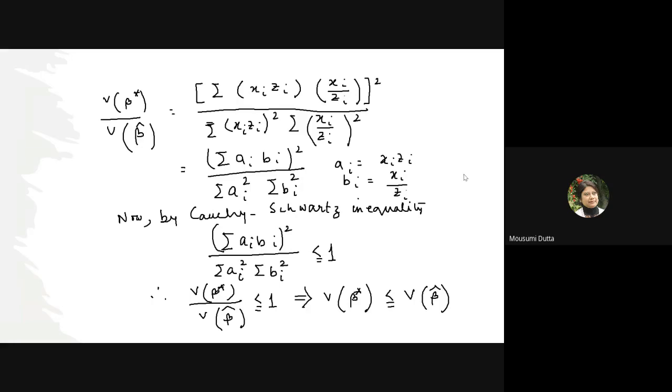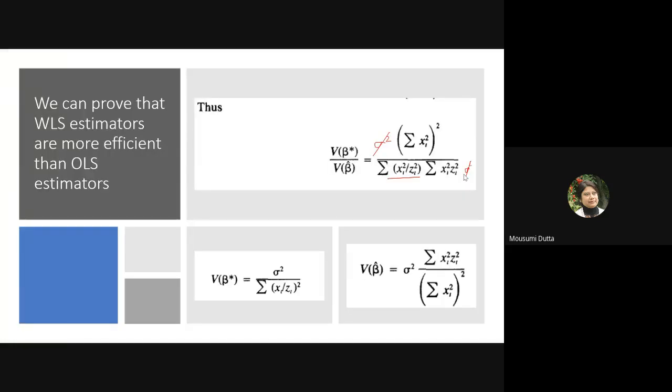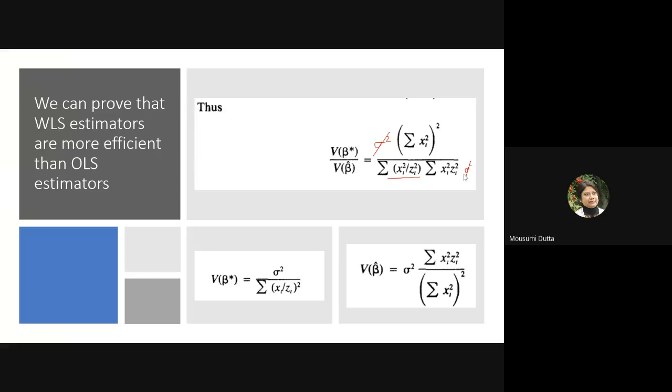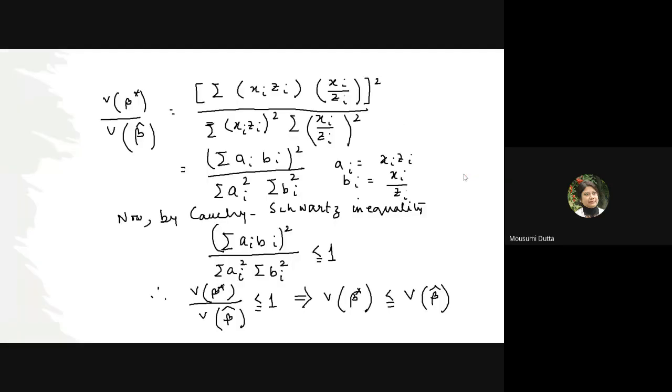Okay. Now the numerator, which was summation xi square, I am writing as summation xi zi into xi by zi. So we are getting summation xi square whole square of that in the numerator.